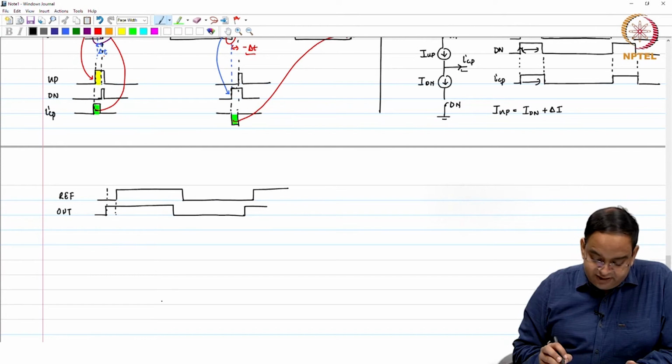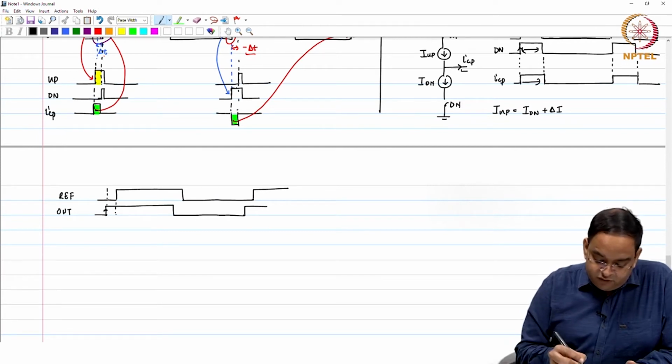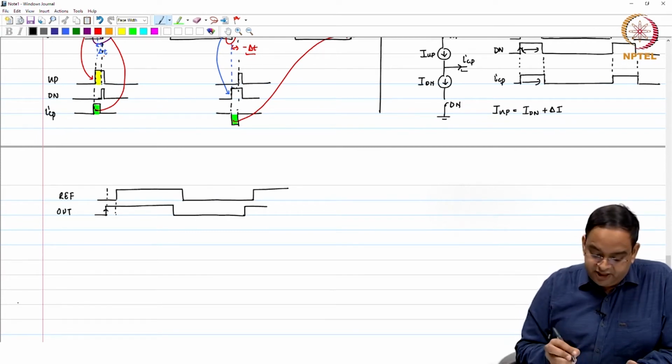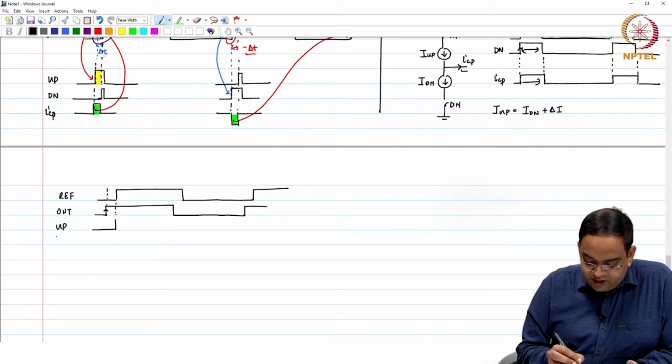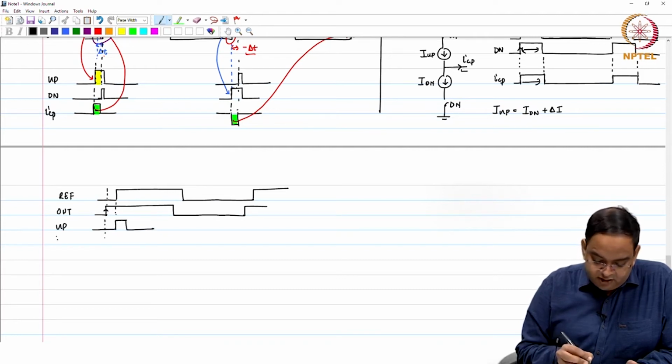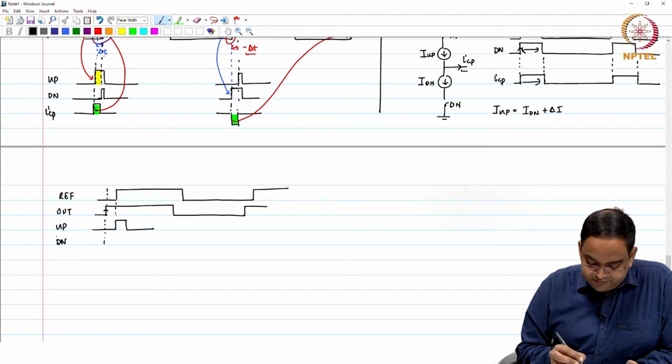Okay. I am assuming that I am having my I up greater than I down, which in turn will lead to the following thing, that up will come here with the overlap. The overlap period is exaggerated here, that is fine, and down is like this.